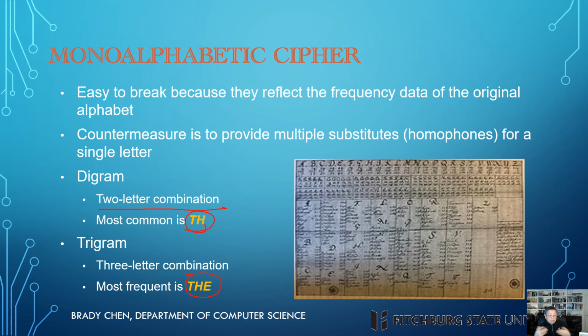And the most frequently used word is like the, the trigram. So if in the ciphertext any sequence of 3 characters appears multiple times, and matches the frequency of the, then we can pretty much guess, okay, these 3 are probably going to be the. Okay, so with the help of the frequencies of the digram or the trigram, monoalphabetic cipher is not difficult to crack.